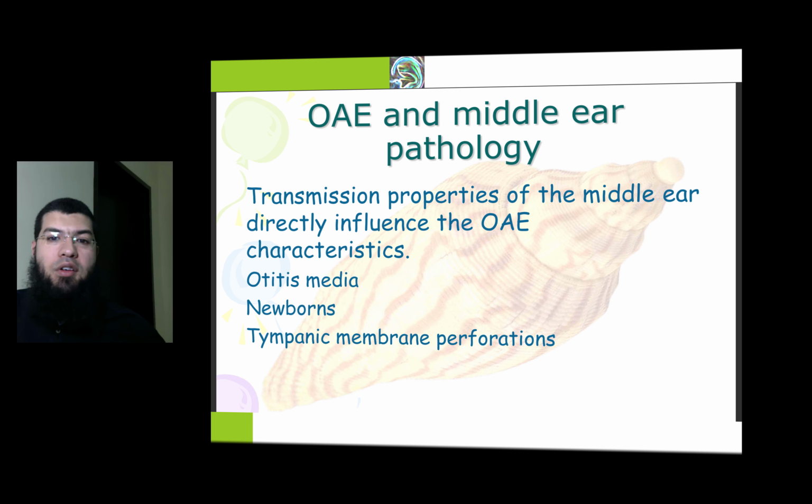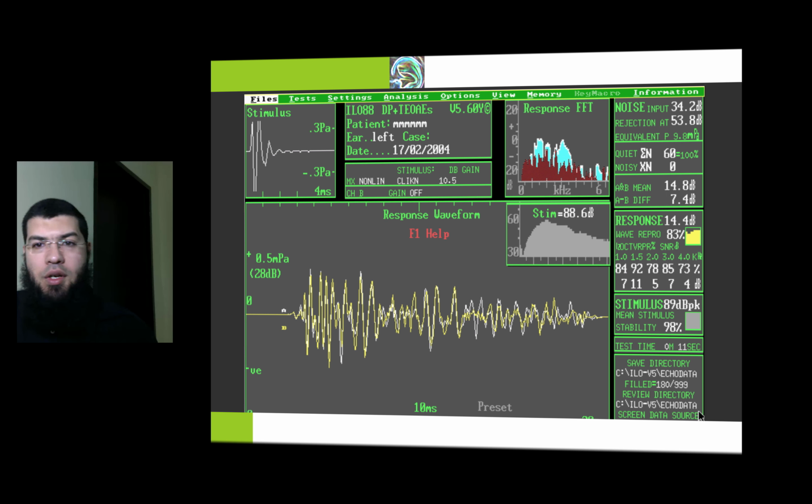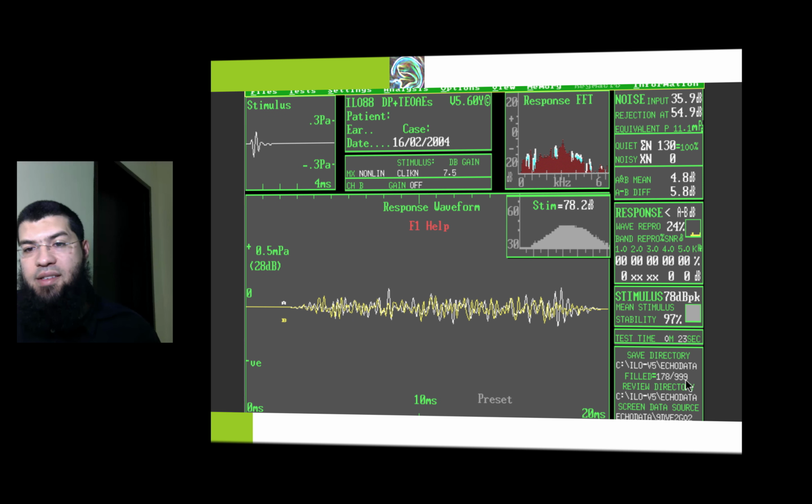Any middle ear pathology can affect the otoacoustic emission, like serous otitis media or tympanic membrane perforation. As we can see here, this is a passing transient otoacoustic emission, as the signal to noise ratio is more than 3 decibel. You can see here this is not a passing transient otoacoustic emission, as the signal to noise ratio is less than 3 decibel.